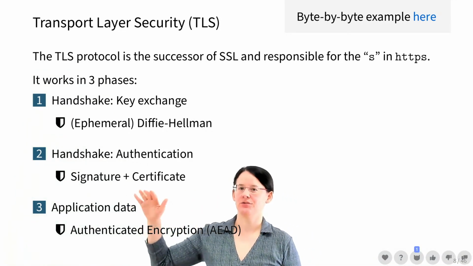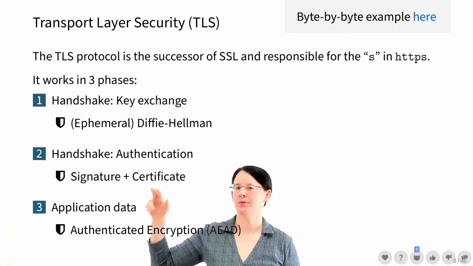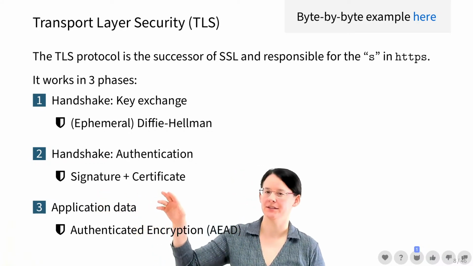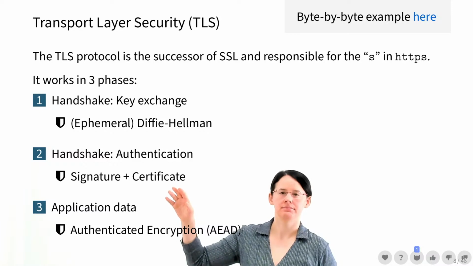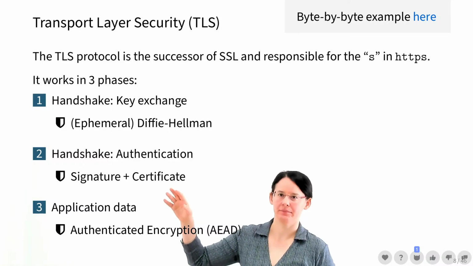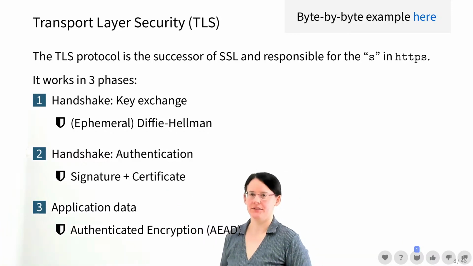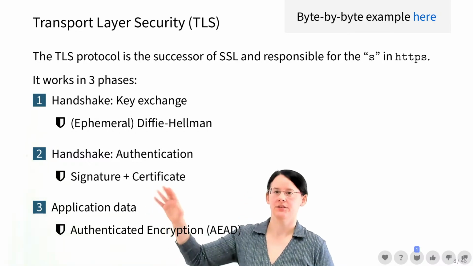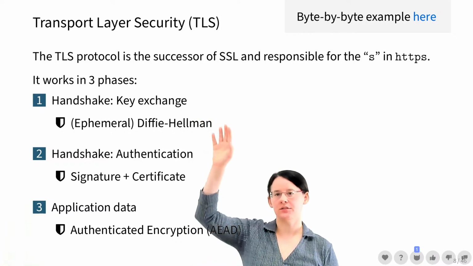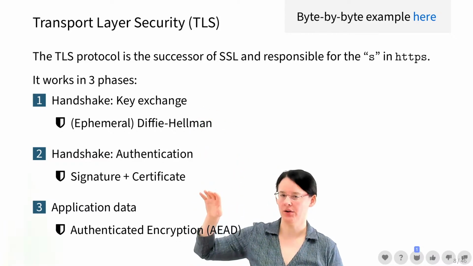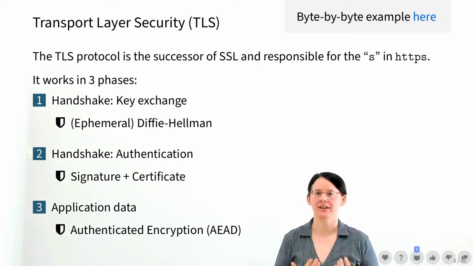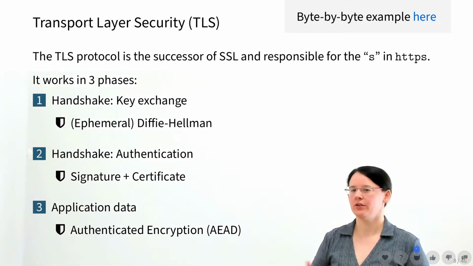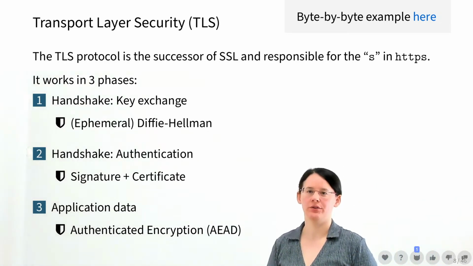As soon as it's relevant for the website to know who you are, the website needs to have its own login mechanism, for example, password-based login or something, before it tells you any secrets. But of course, you have to tell the website your secrets, like your password. So you need to authenticate. So these are the 2 parts of the handshake protocol. And after that, we have what's called the application data phase, where you exchange actually all the content you want to exchange with the website.